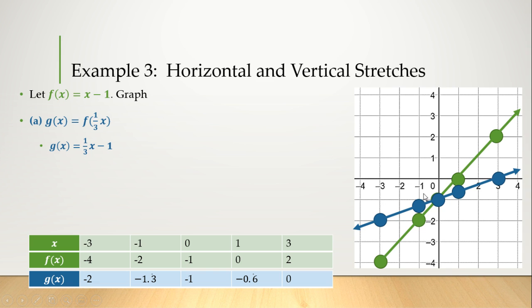So what we see from this is this has created a horizontal stretch. Our green line is being pulled at from its sides. Okay, and because this was a 1/3, it stretched it by a factor of 3. Everything is 3 times bigger. So here's what I mean.